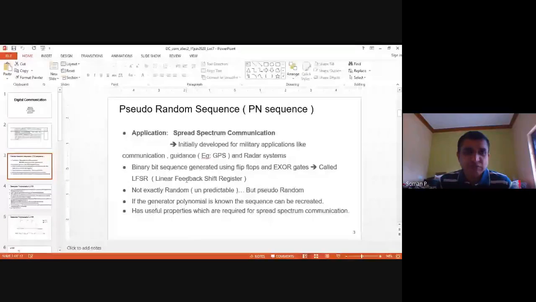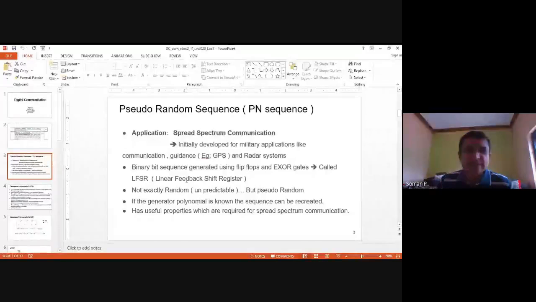We'll go into detail later what is spread spectrum. Actually, this was initially developed for military applications like military communication, secure communication, and guidance, like global positioning, GPS, global positioning system, and radar system by the US military. So our GPS uses the spread spectrum communications transmission.